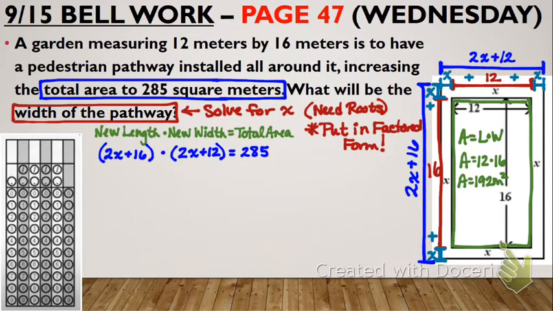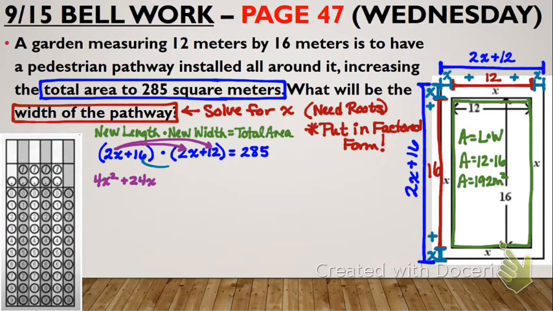I'm going to take 2x and distribute it to both of these pieces. What's 2x times 2x? 4x squared. What's 2x times 12? 24x. And then it's called double distribution because I still need to distribute what?